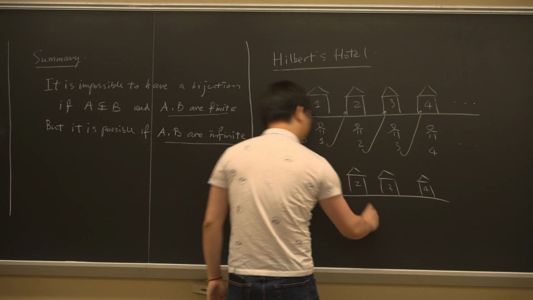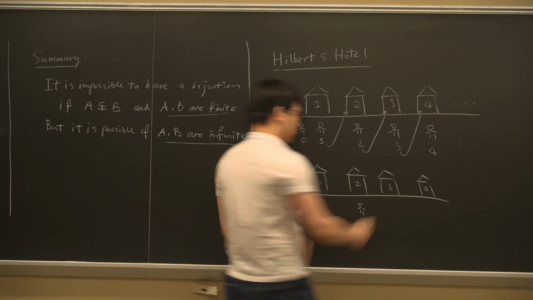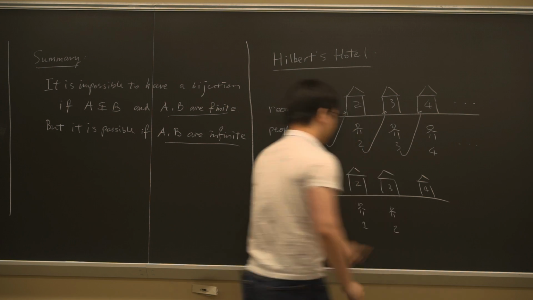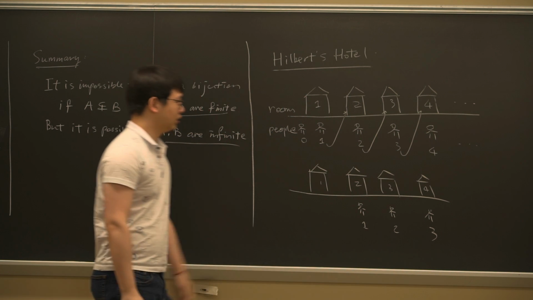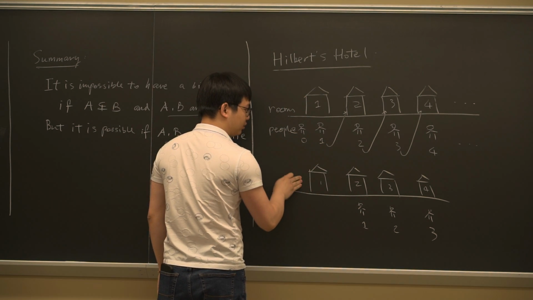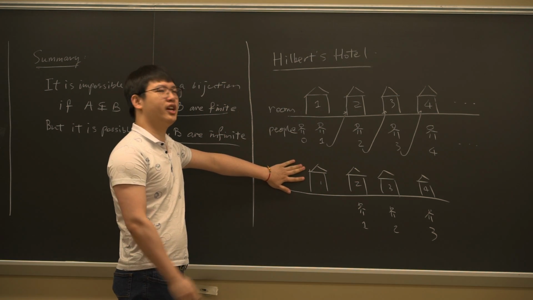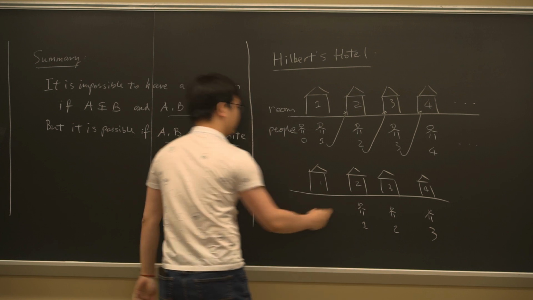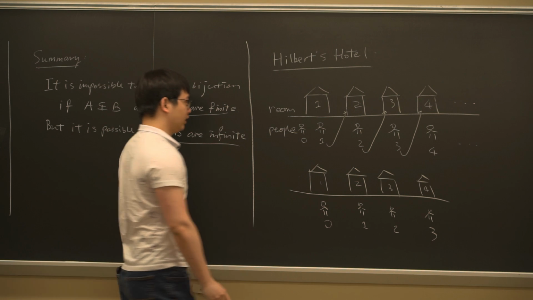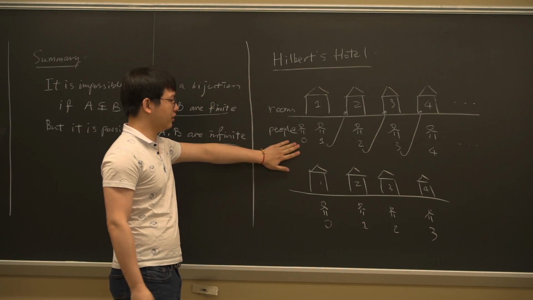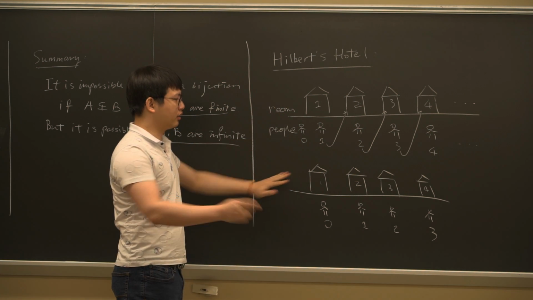So person 1 is now in room 2, person 2 is now in room 3, and person 3 is in room 4. And surprisingly, we have one extra room coming out, which is room 1. This is now empty, there's nobody living inside it. And then person 0 can just happily move in. We have person 0 now. And you see, we can accommodate one more person, even though our hotel is completely full. This person can move in without kicking out any of our residents.